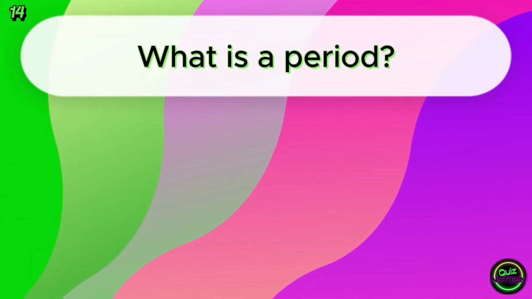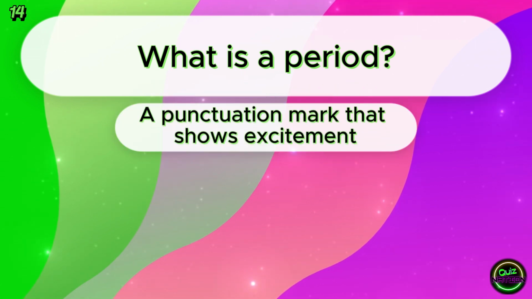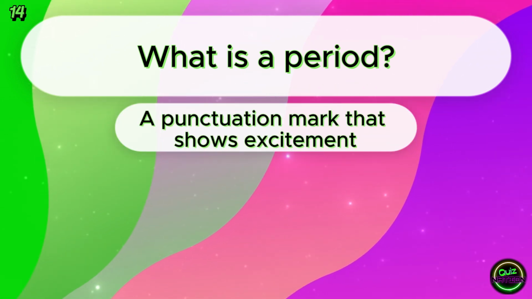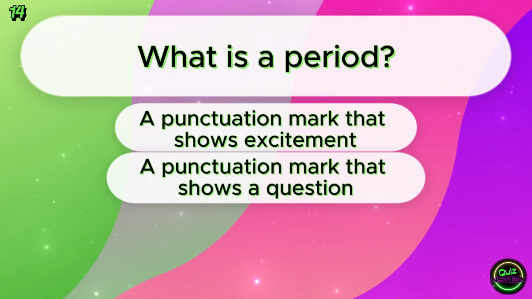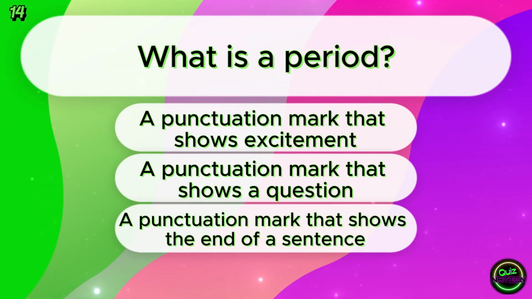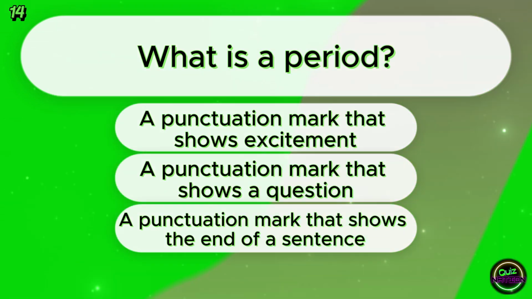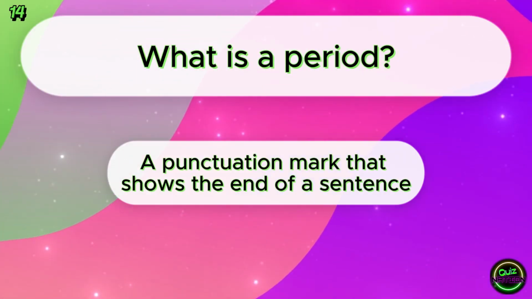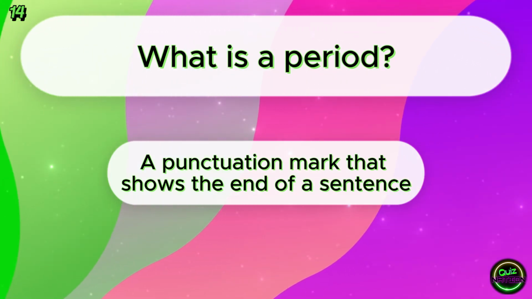What is a period? A punctuation mark that shows excitement, a question, the end of a sentence. A punctuation mark that shows the end of a sentence.